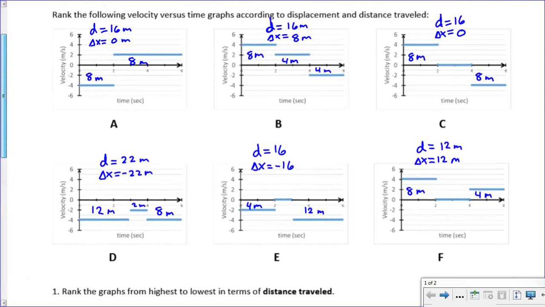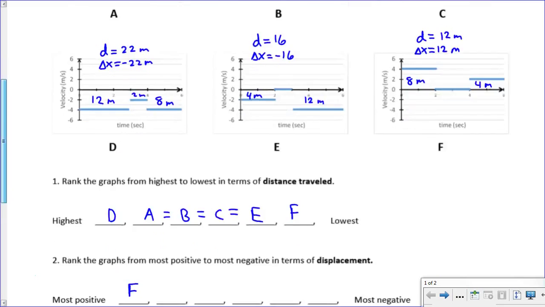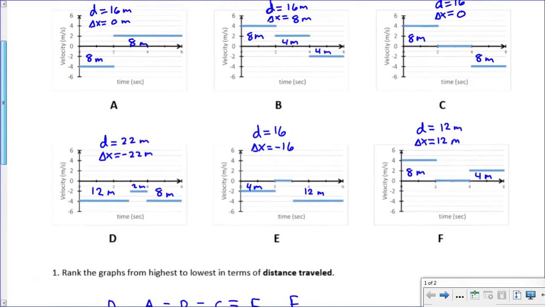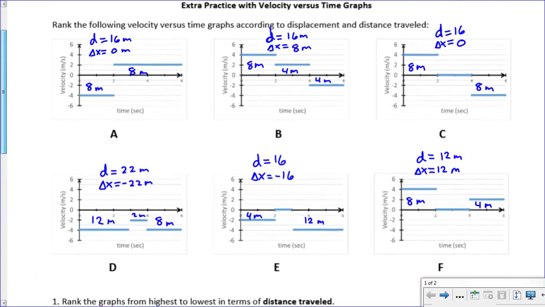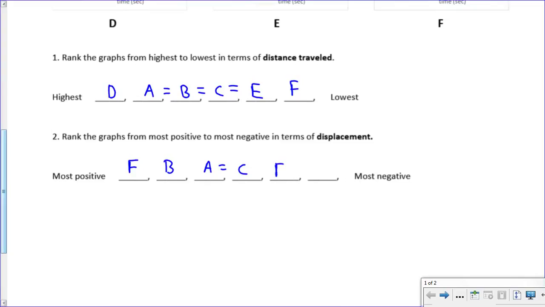The 8 is B, and then A equals C. Those are both 0. And then we've got the negative ones here. E is negative 16, and D is negative 22, so we'll have E and then D.